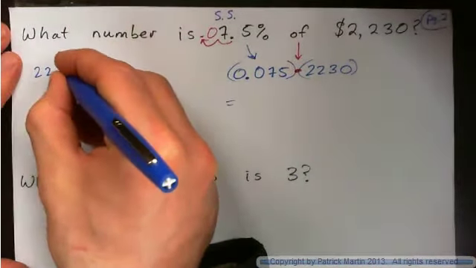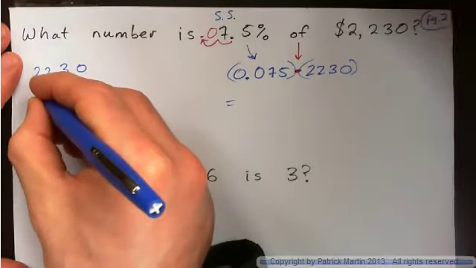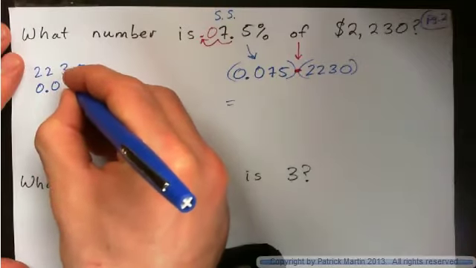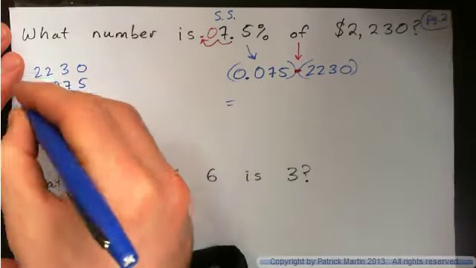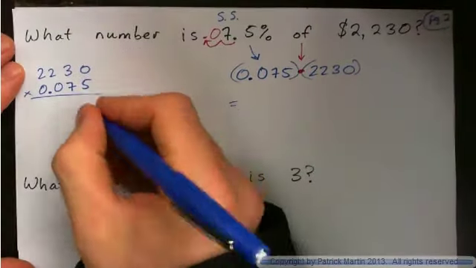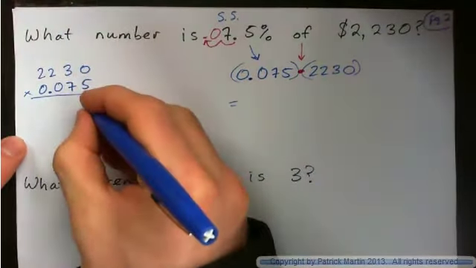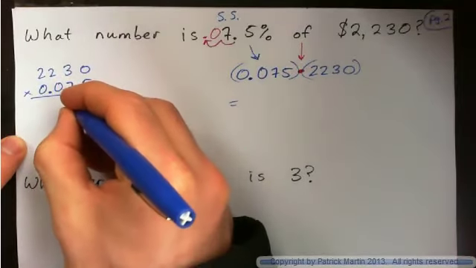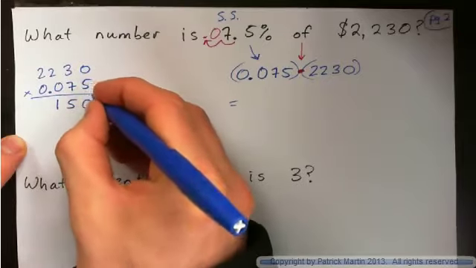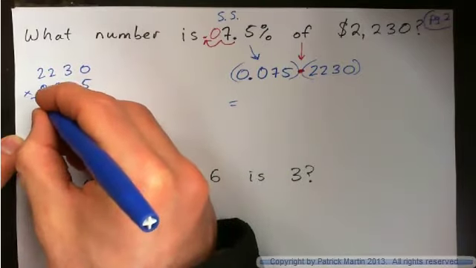So 2230 times 0.075, multiply them. 5 zeros is 0, 5 threes is 15, carry the 1, 5 twos is 10, and 1 is 11, carry the 1, 5 twos is 10, 1 is 11.